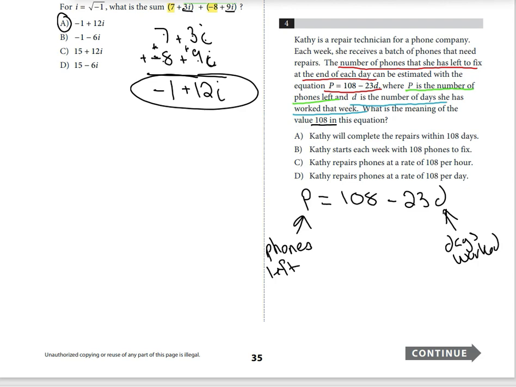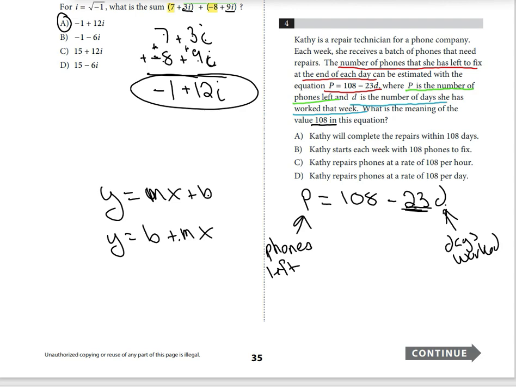So this equation may look kind of similar. We've got our change here. So this is basically our equation in slope-intercept form. So y equals mx plus b, or we can rearrange this to b plus mx. But in this case, we're decreasing here, right? Because the number of phones is decreasing by 23 per day, right?